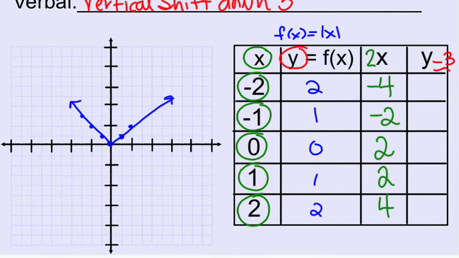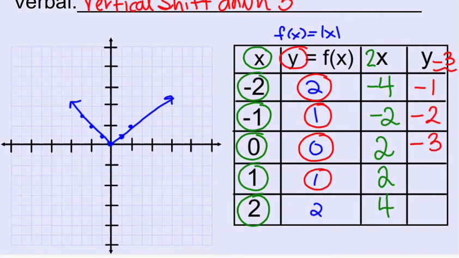And the y is telling me to subtract 3. So 2 minus 3 is negative 1. 1 minus 3 is negative 2. 0 minus 3 is negative 3. 1 minus 3 is negative 2. 2 minus 3 is negative 1.